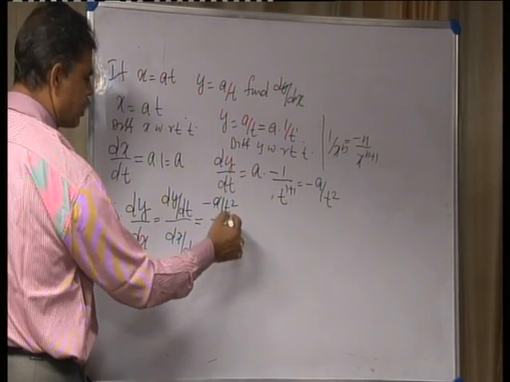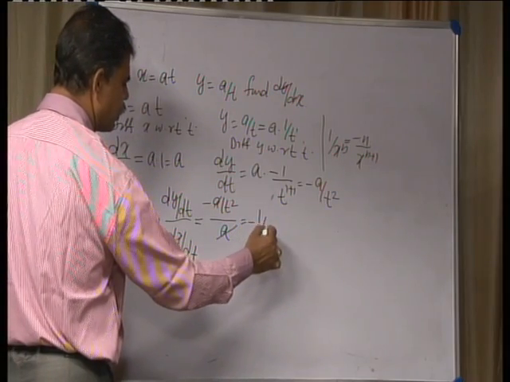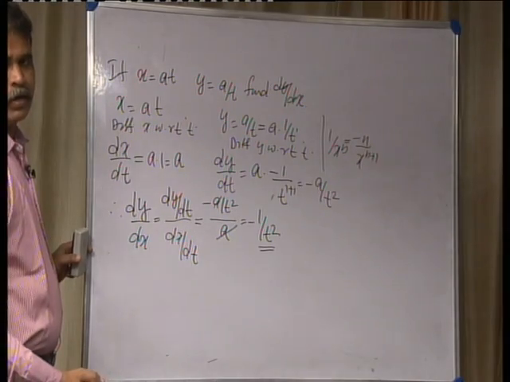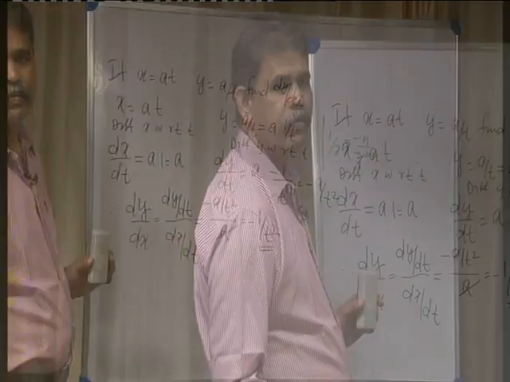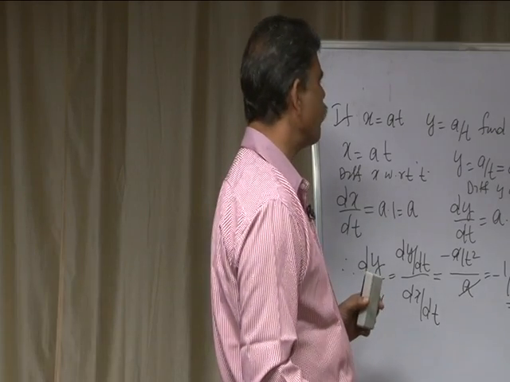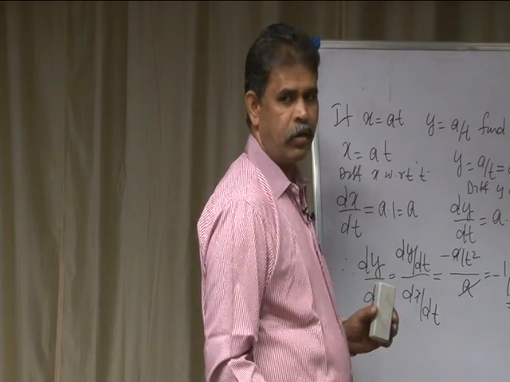So, a gets cancelled, we have minus 1 by t square, it is the answer. It is the derivative for x is equal to a t, y is equal to a by t. You got the procedure.